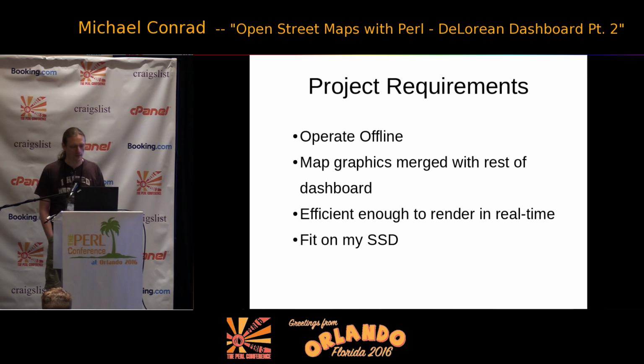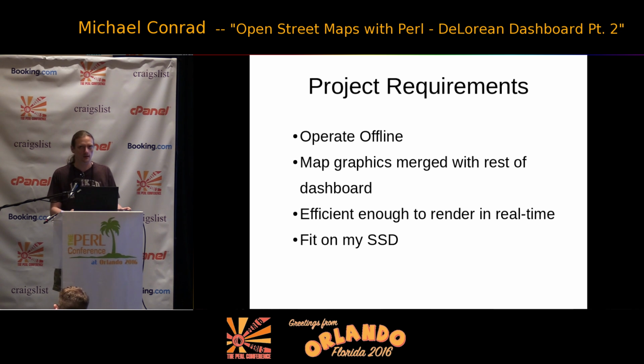So I wanted to have the map graphics merged with the rest of my dashboard. The Google Maps app is great, except it's an app. It's a separate thing, and it's not merged with the graphics. So I wanted something like a library that I could reach in and pull out images and things like that. I want to render them in real time.